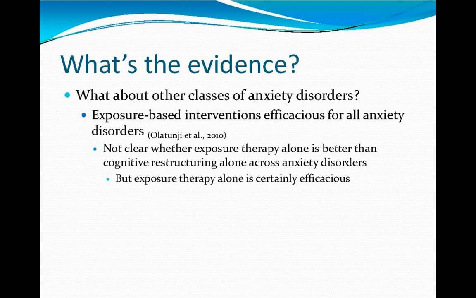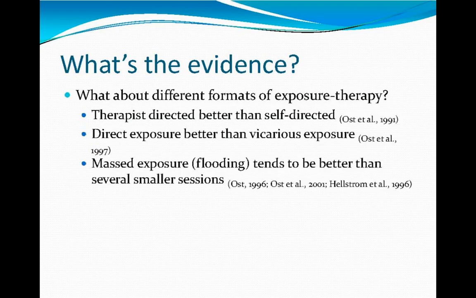Okay, and as I mentioned before, there are lots of different ways to implement exposure. So if we look at the efficacy, or how well exposure works, across some of the different ways of doing it, we know that therapist-directed exposure is better than self-directed exposure. What that means is if you, as the therapist, are doing the exposure with the child or the adult, that tends to work better than if you just give the exposure exercises as homework and have them do it on their own.